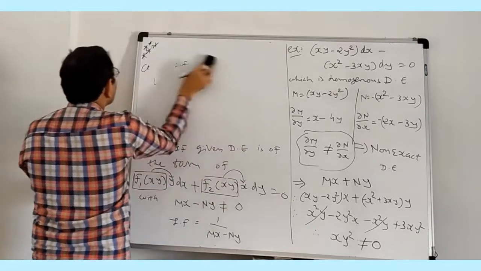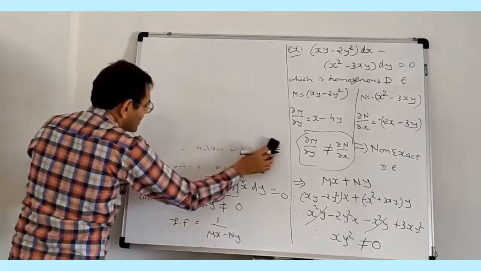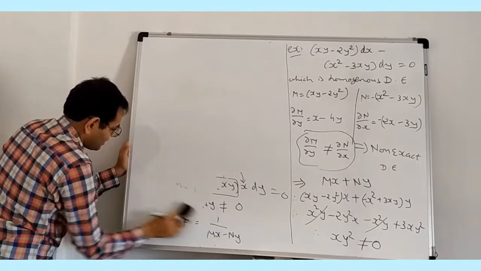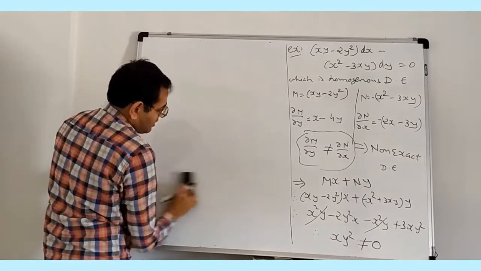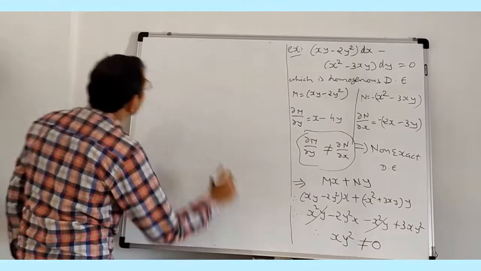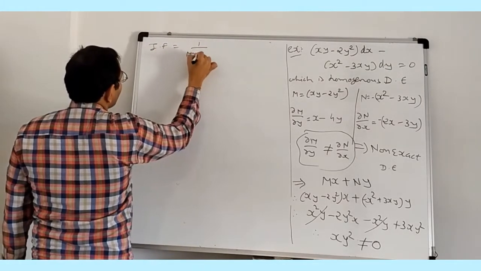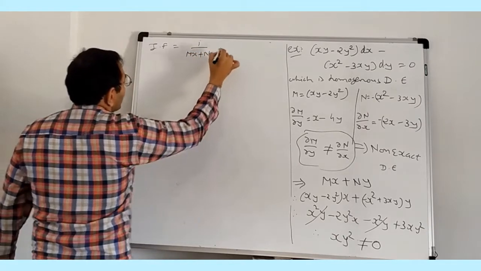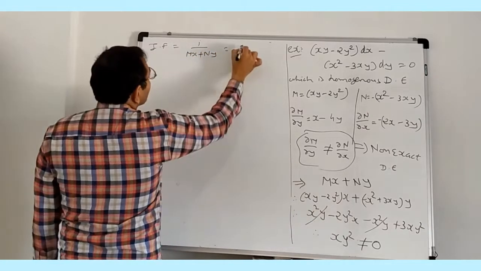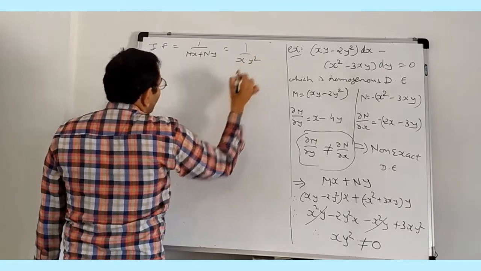Then our integrating factor IF equal to 1 upon Mx plus Ny, which is 1 upon xy square.